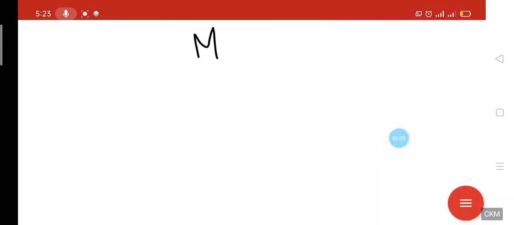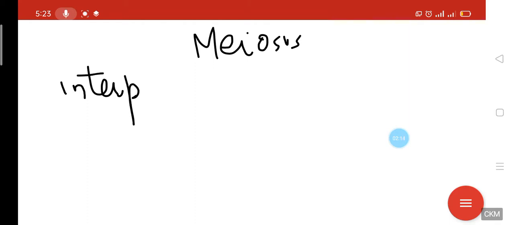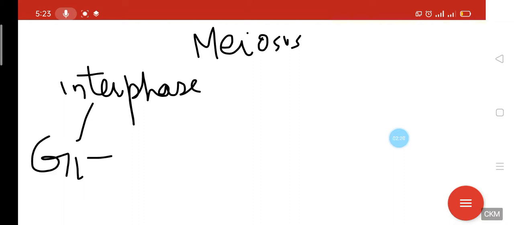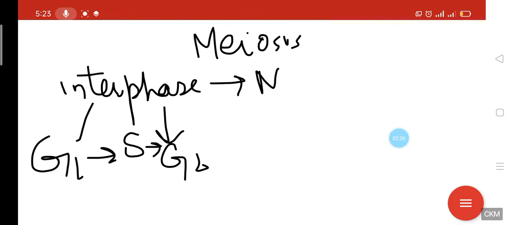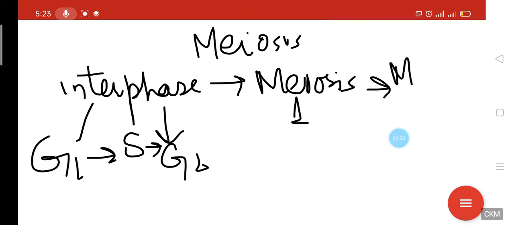If you discuss the cell cycle of meiosis, it starts from the interphase. The interphase is totally similar to the mitotic interphase. It includes the G1 phase followed by the S phase and then the G2 phase. After that, meiosis 1 occurs, and after meiosis 1, there is meiosis 2.